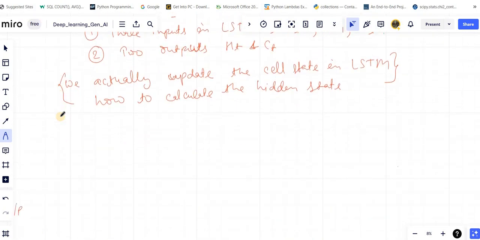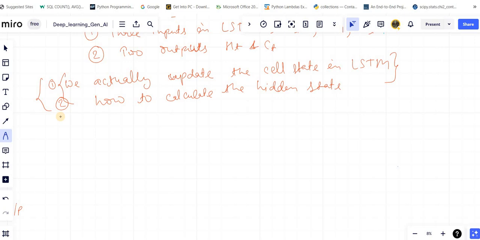Now the question is how exactly these point 1 and point 2 happen. These are the mechanisms which happen inside the LSTM, which it performs through all those blocks we saw.